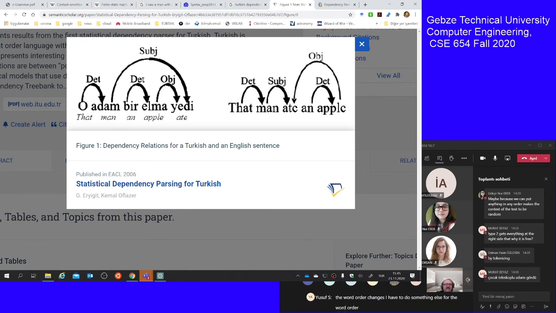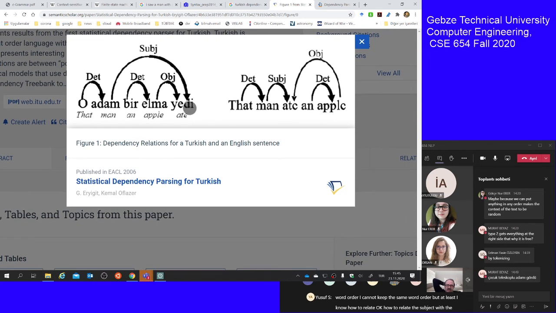I cannot keep the same word order, but at least I know how to relate the subject with the verb of the sentence, and the subject with the determiner of that subject, the object of the verb of the sentence, and the determiner of the object and the object itself.